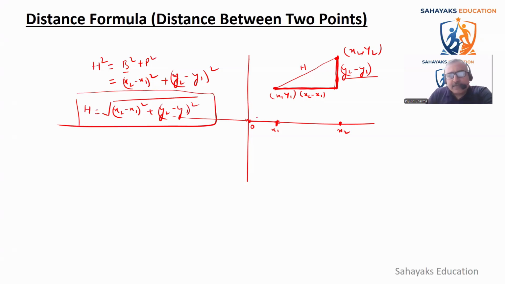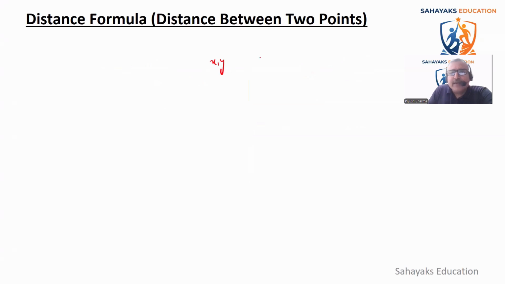Please remember one thing. I can take any point as (x1, y1). So I have to find the distance between (x1, y1) and (x2, y2). These are the 2 points. One point is (3, 5), and the other point is, say, (2, minus 4).